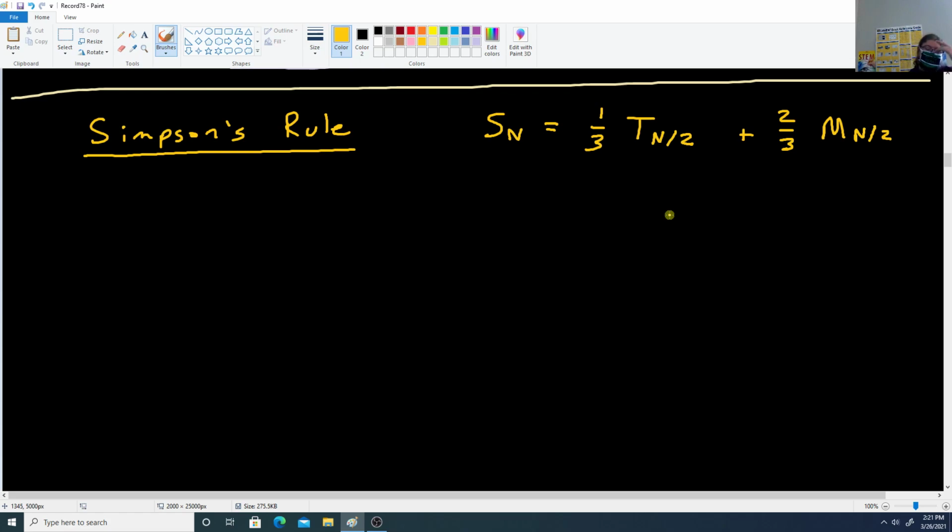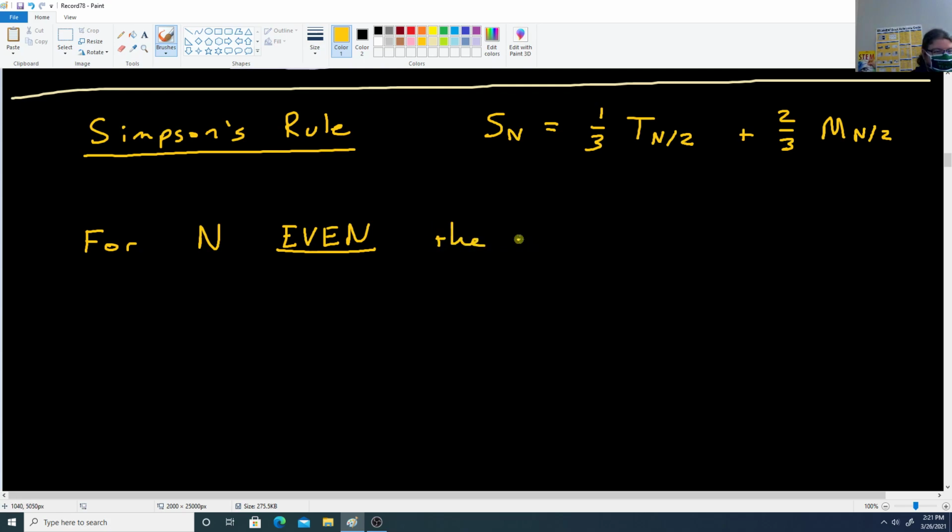And they do this to try to make the approximation more accurate, is kind of the idea behind this method. So what Simpson's rule says is for n an even value, so you can only find like S4, S6, S8. For Simpson's rule, you can't find S7. You can't break it up into an odd number of segments.